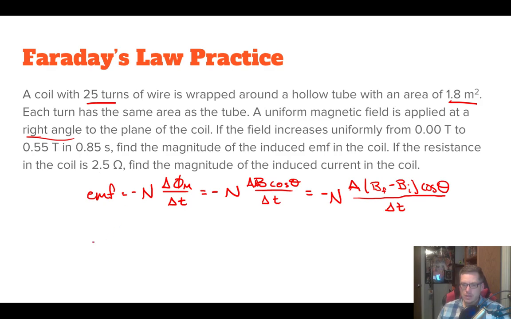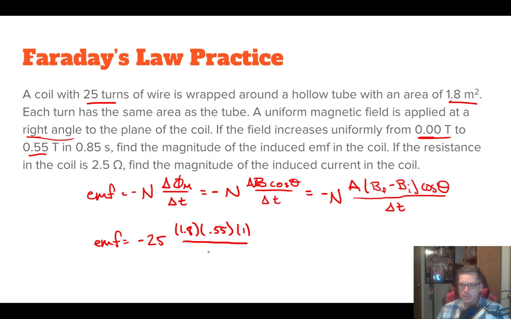So the EMF, we can just start plugging in. Our EMF is going to be equal to negative, our turns were 25, times the area, which is 1.8 meters squared, times our final minus initial. Our initial was 0 and our final was 0.55, so it just becomes 0.55, times the cosine theta, and since we're at a 90-degree angle, our cosine theta just becomes 1.